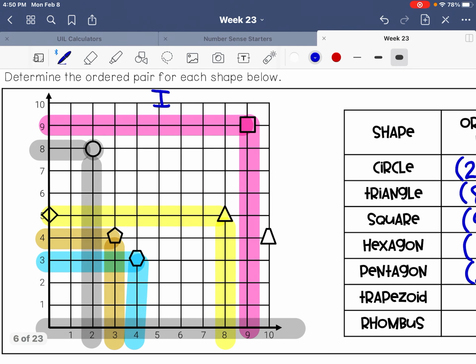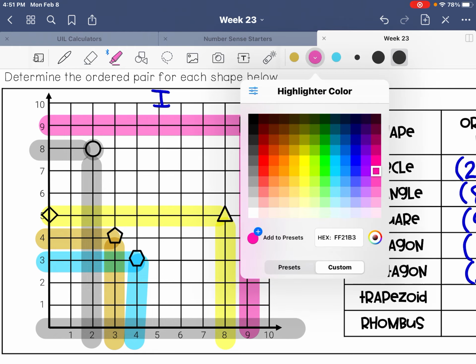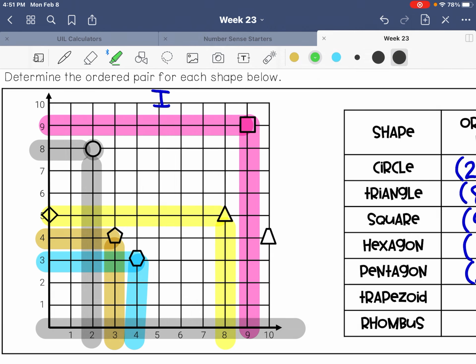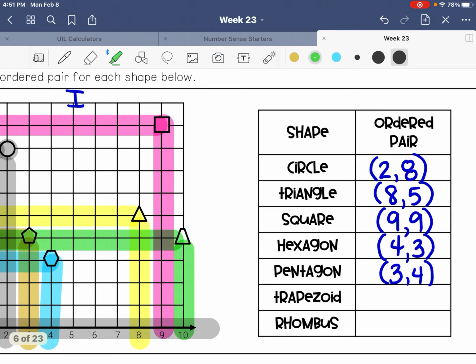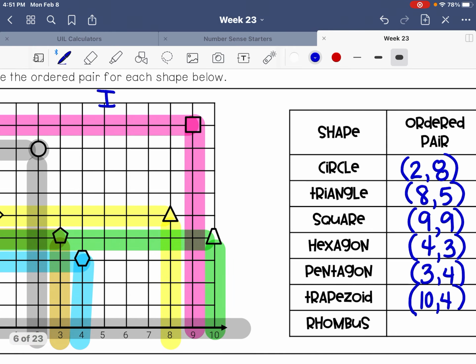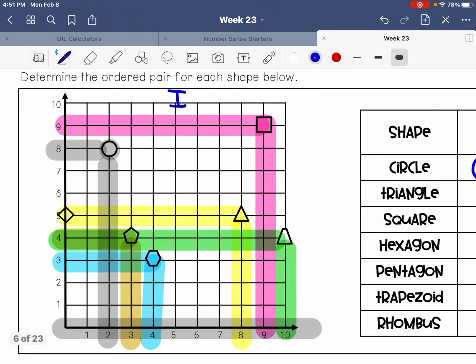Now, the trapezoid. It almost looks like a triangle, but it's not. It's a trapezoid. The trapezoid is right up here where x equals 10 and y equals 4. The ordered pair, the coordinates of the trapezoid, are (10, 4). And then the last one is the rhombus.